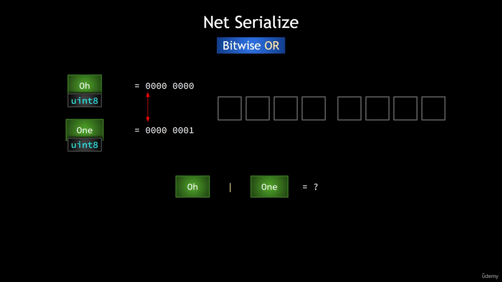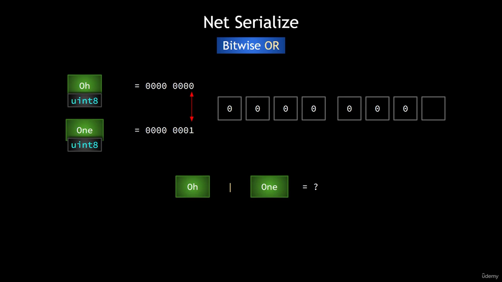If both digits are zeros, then the result is a 0. That means for the next digit over in each one, we compare them, they're both 0, and that means the result is 0. The same goes for the rest of these. We have all zeros, so for the rest of those digits in the result, we get 0. The only place where they're different is this very rightmost digit in each of these integers.